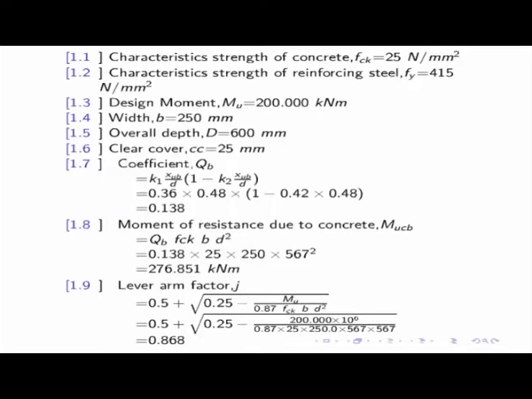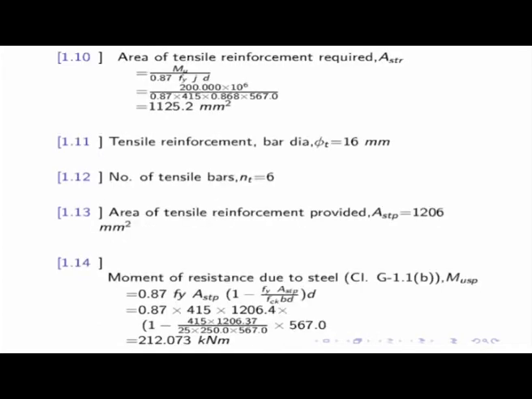From there I get J equal to 0.868. The 200 is the applied moment, 0.87, fck is 25, b is 250, and on that basis I find d as 567.